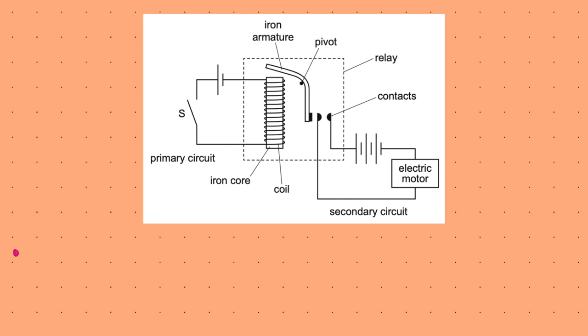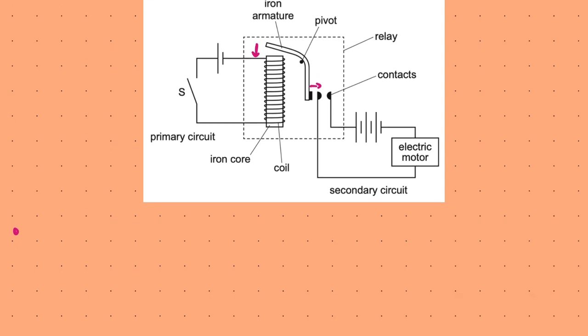This iron armature is pivoted about this point, so when this becomes magnetized, it would also induce poles in the iron armature, attracting it towards itself. But because this is pivoted, as this end moves down, this end would move to the right, making the contacts touch and hence switching on the electric motor.